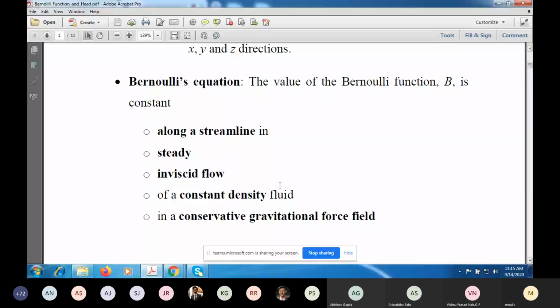But if you look at the region outside the boundary layer, it's a viscous fluid, but the viscous forces are negligible, almost zero. So there you can make an approximation assuming the flow to be inviscid. Of course, in this course, we are going to assume that it is inviscid throughout, so we'll not enforce the no-slip condition. I'll come to that later.